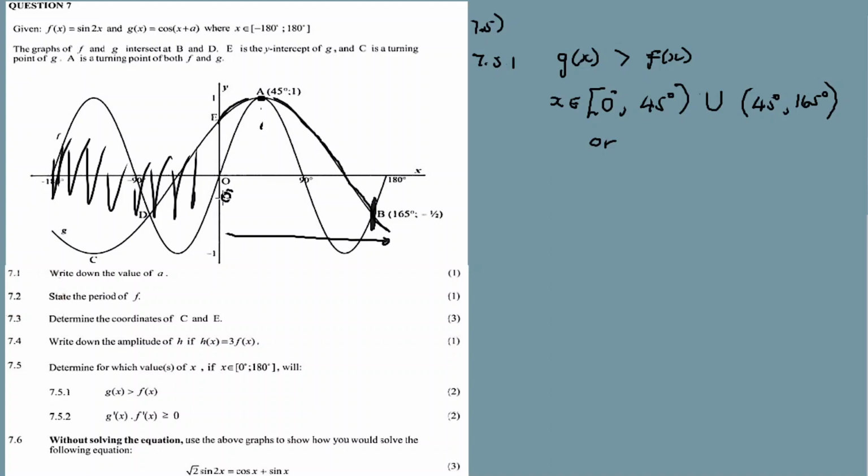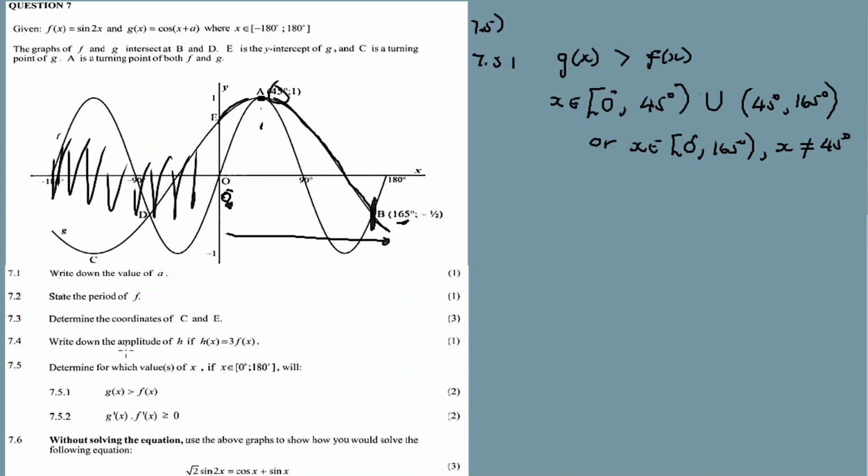You can write it like this: x is an element of 0 degrees all the way up to 165 degrees excluded, where x must not be equal to 45 degrees because that is where the functions are equal.